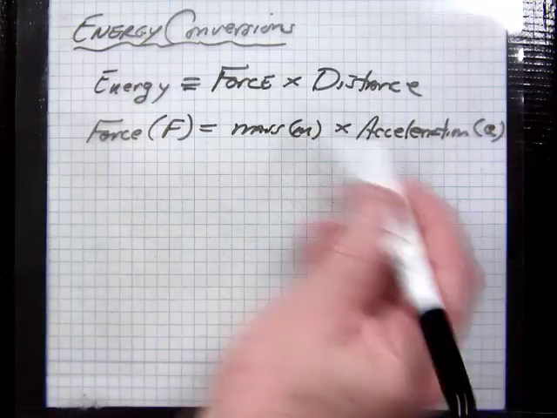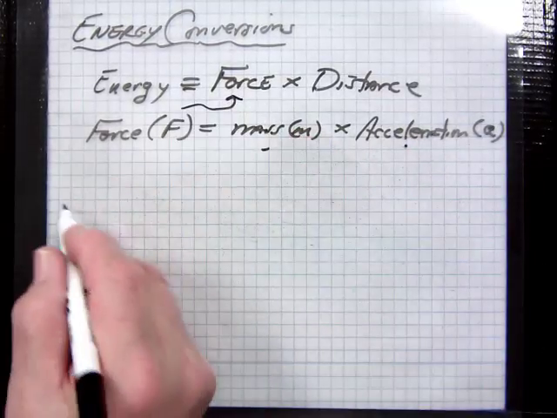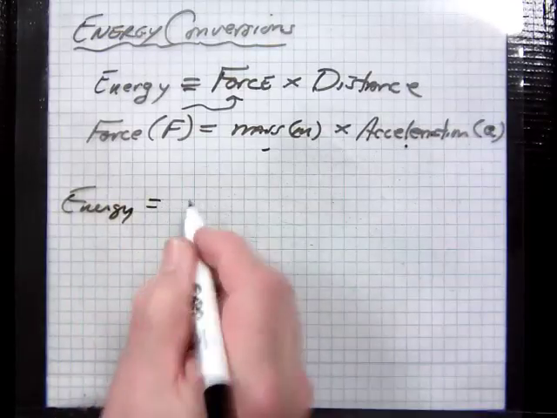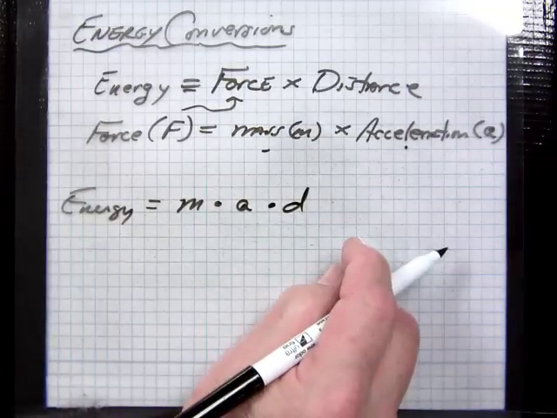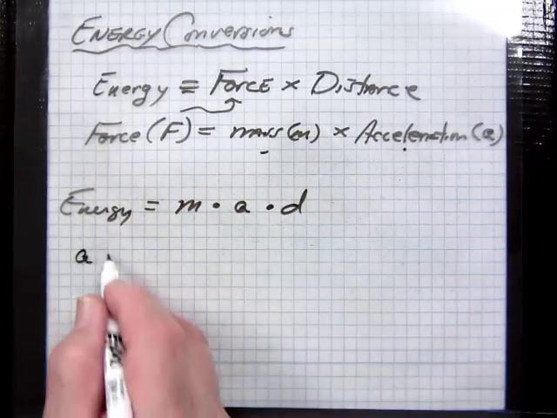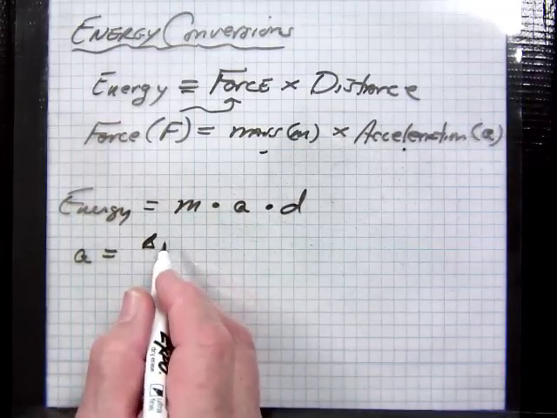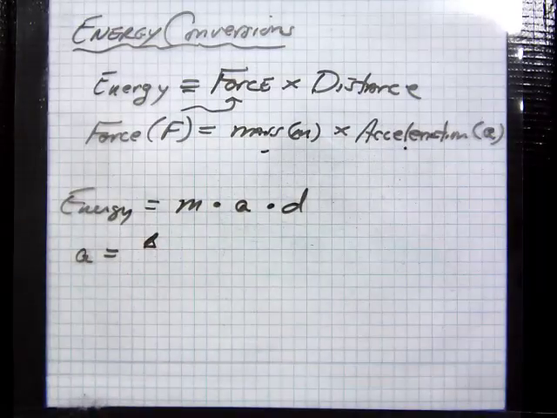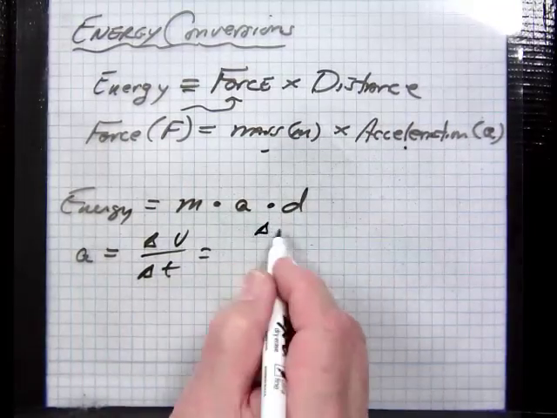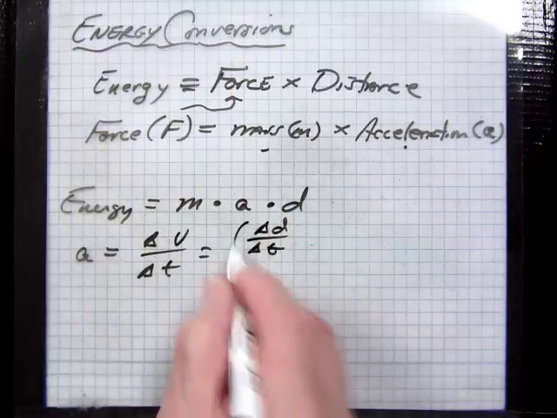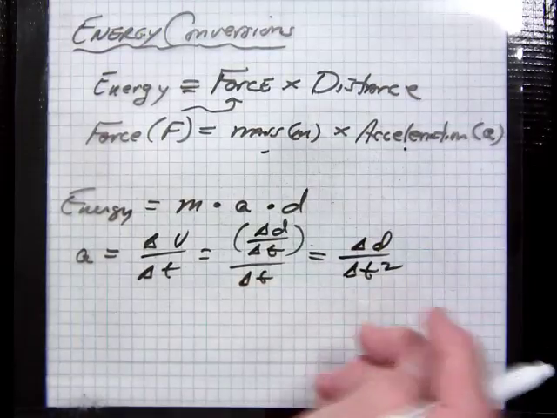Now, if we substitute this mass times acceleration into this expression, we get energy equal to mass times acceleration times a distance, like that. Well, acceleration, A, is a change in velocity over a change in time, and velocity is a change in distance over change in time, or change in distance over change in time squared.